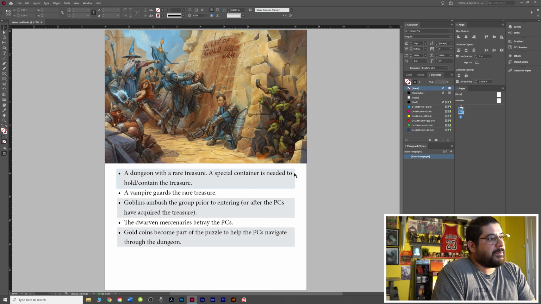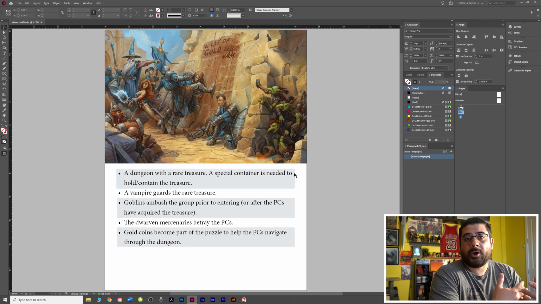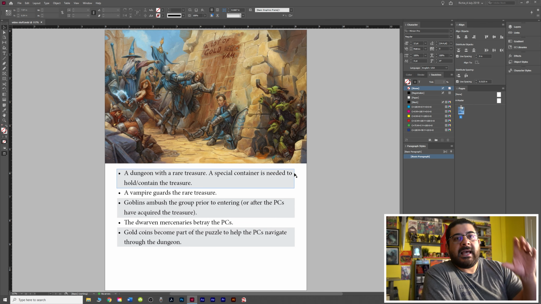Goblins ambush the group prior to entering or after the PCs have acquired the treasure, right? So they let the PCs do the dirty work, and then when the PCs are in bad shape, low on resources, as they exit the dungeon, the goblins ambush. So there's another fight, perhaps much lower CR, but because the PCs are low on resources, it can still be a very challenging fight. The dwarven mercenaries betray the PCs.